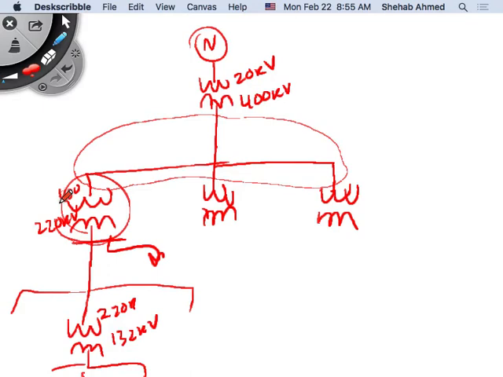At this voltage level, I can live with an auto transformer because I can pass more power through it, and I can still do the voltage transformation and current transformation. So you can use it on the transmission side for an application like this.